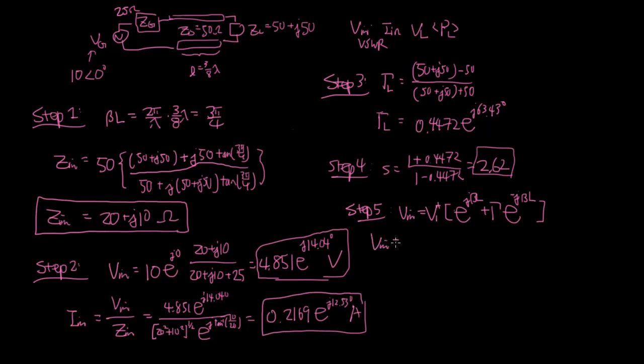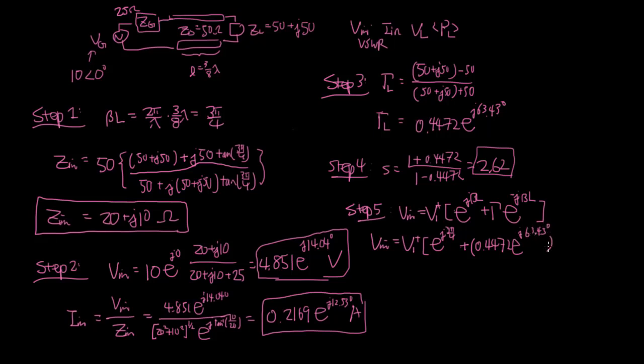using this expression, Vn is going to be equal to V1 plus e to the j 3 pi over 4 plus, and we have our gamma L here, so 0.4472 e to the j 63.43 degrees.